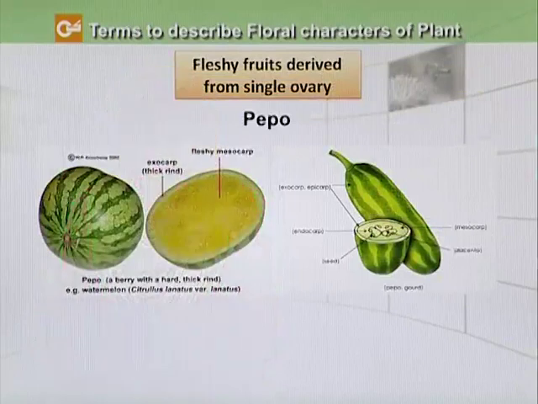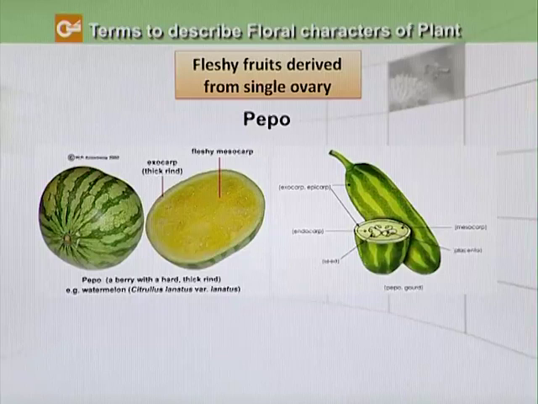And then we have pepo type of fruits, and in pepo the outer covering, the outer layer, is usually thick and hard, and it is also called the rind. Inside it is a fleshy mesocarp, and seeds are embedded inside it.